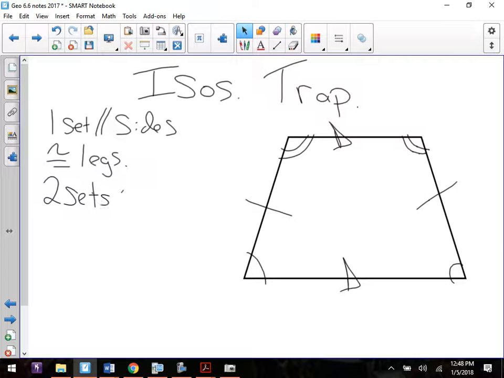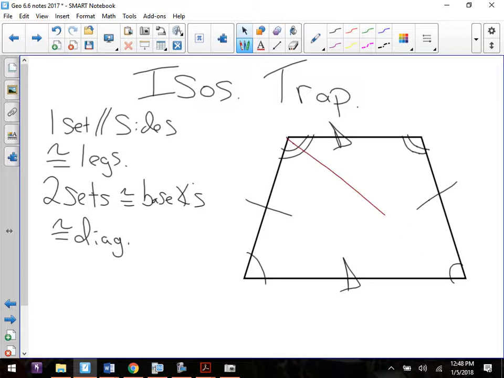Two sets of congruent base angles. And the one thing I always overlook, it always has congruent diagonals. The diagonals of an isosceles trapezoid will always be congruent.